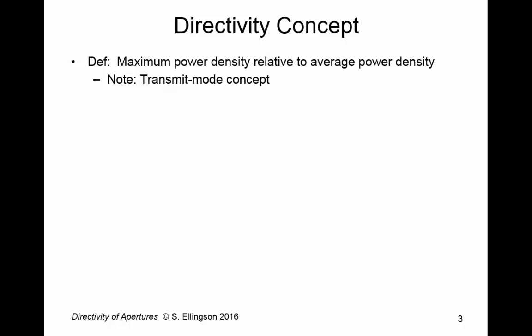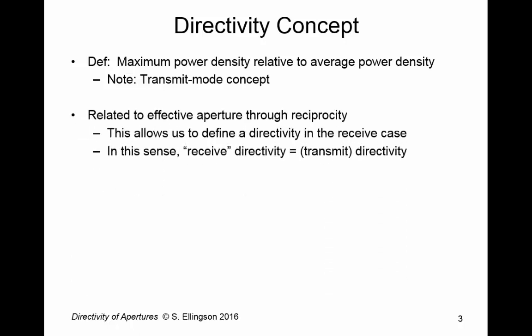But as you no doubt realize, we can also talk about the directivity of a receive system. That's accomplished by relating the concept of effective aperture through reciprocity. So when we did that, that allowed us to define a directivity in the receive case. And in that sense, the receive directivity is equal to the transmit directivity.